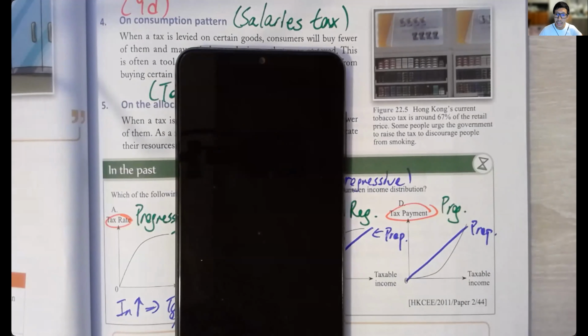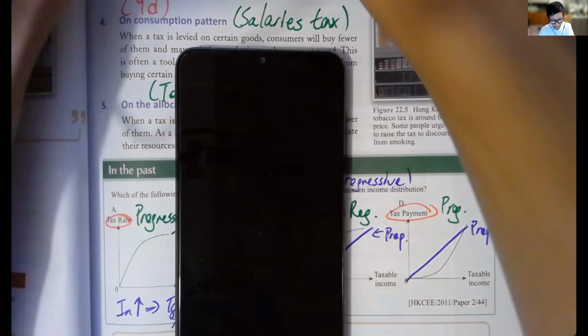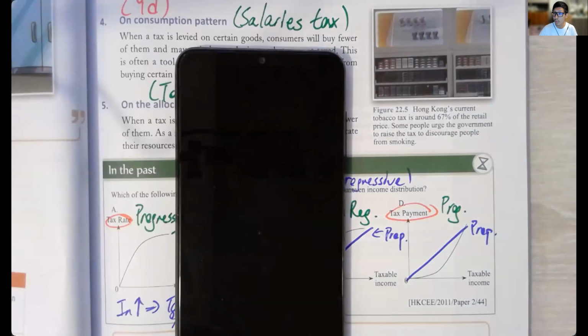Looking at it, the new tax structure has more allowance. Why? You see its 0% goes further. You are allowed to have more income before you need to pay tax, right? Now this one, the slope. What is the slope?